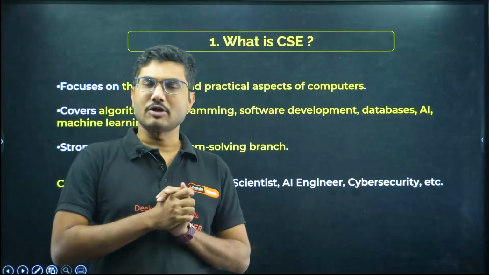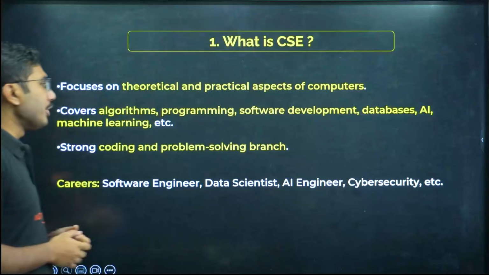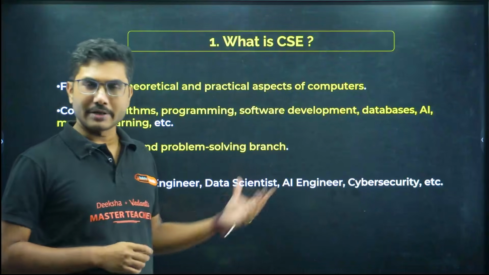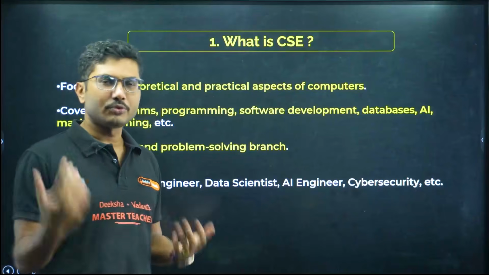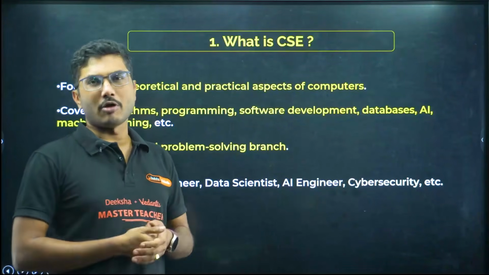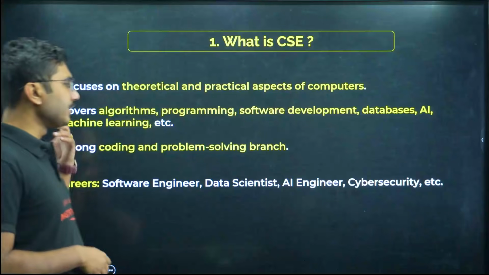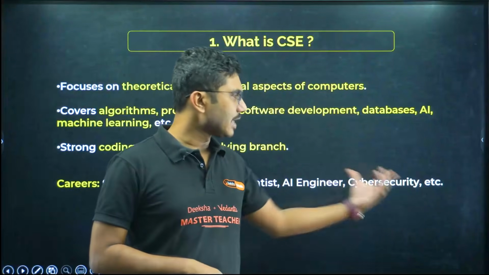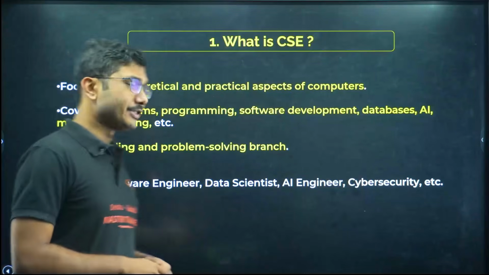Strong coding and problem solving branch. As I mentioned, there is a problem, and you have to solve that problem through coding. So very interesting. Careers: software engineers, data scientists, AI engineers, cyber security, etc. A lot of different branches and a lot of job opportunities are there.